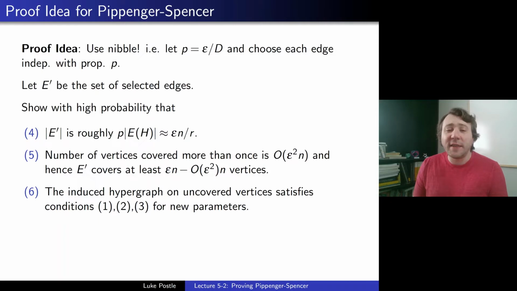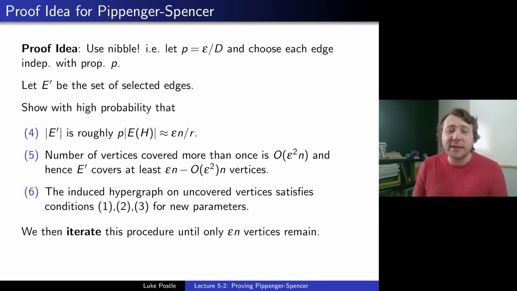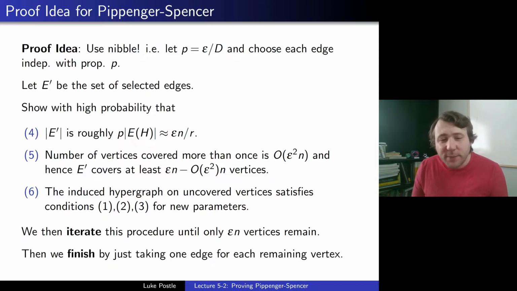And then we're going to proceed to iterate this procedure until only about epsilon n vertices remain, at which point we can finish by just taking one edge for each remaining vertex. So again, this is how Nibble generally works. We do a little bit at a time. We iterate, making sure certain properties are preserved, and then we do some sort of finish to get the desired object. So that was our outline from last time at a high level.